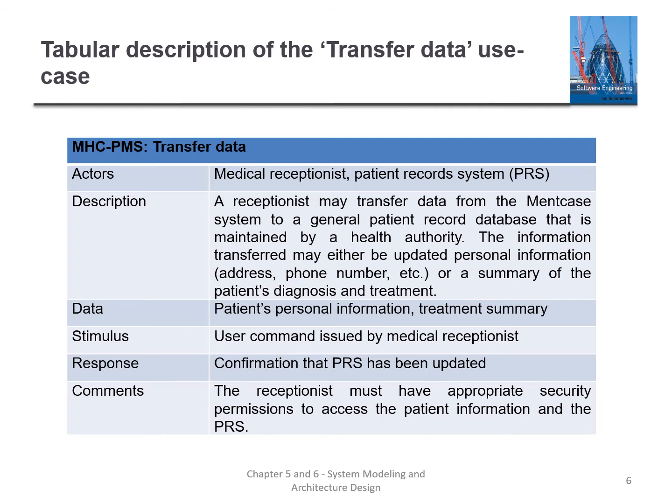The description explains, in this case, when you do transfer data, what is actually happening, and what kind of data is involved. For example, patient personal information, because this is a mental patient, they also capture the treatment that the patient has undergone.